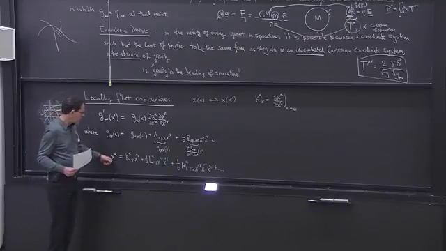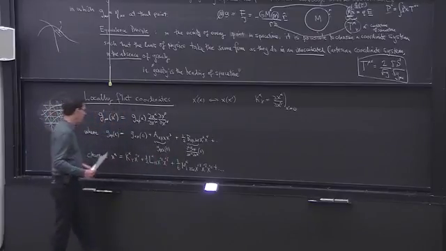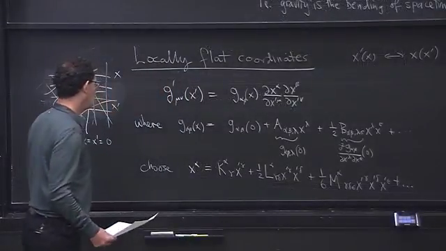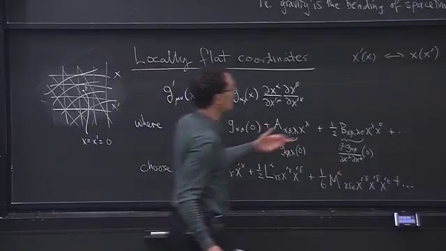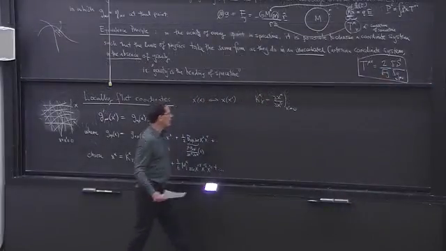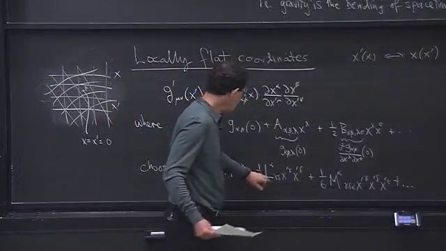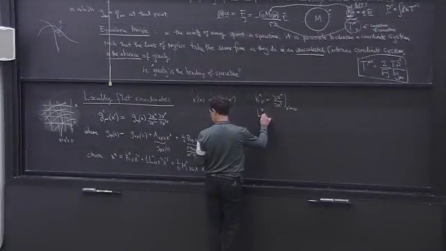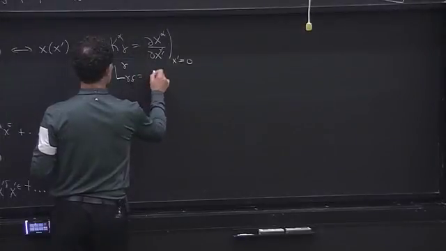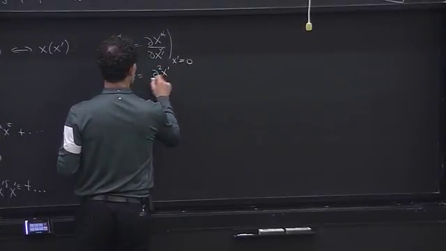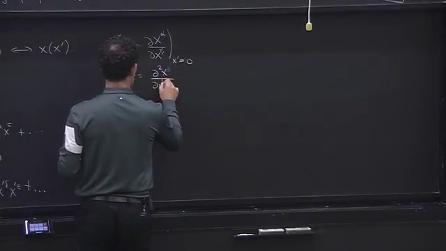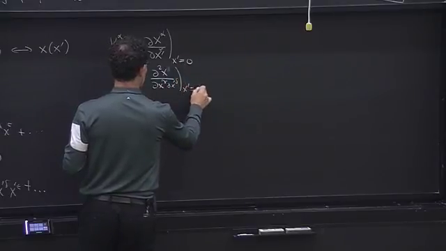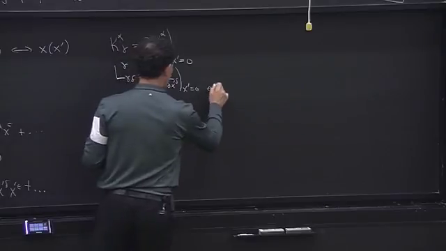The entire freedom is encoded in these constants, which are the derivatives of x with respect to x prime. So this is the second derivative: l alpha gamma delta is equal to d2x over dx prime gamma dx prime delta at x prime equals 0, etc.